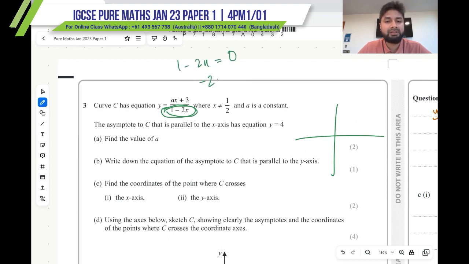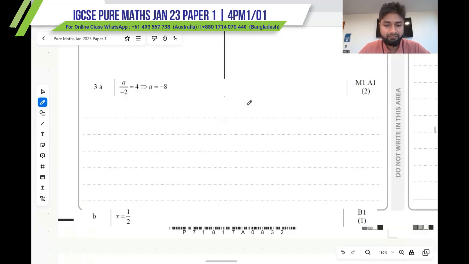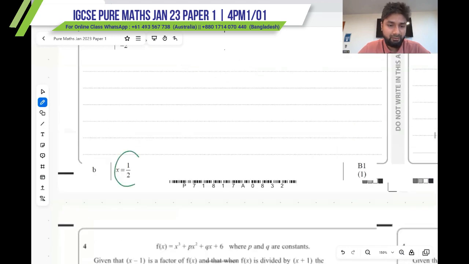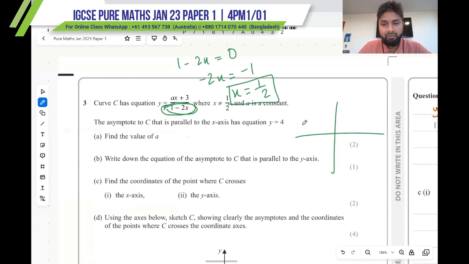From here, if we find the value of x, the equation for that line is x equals half. So we now know the equation for the asymptote parallel to the x-axis is y equals 4, and for the y-axis it's x equals half. We will need all of these equations later on to sketch the graph finally.